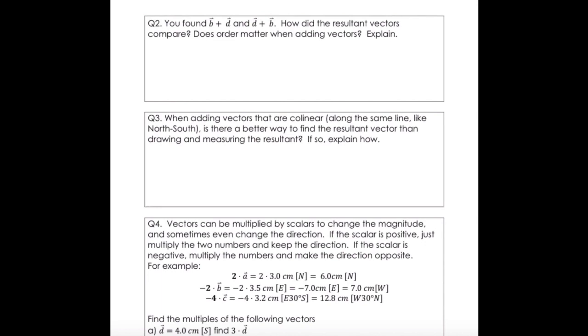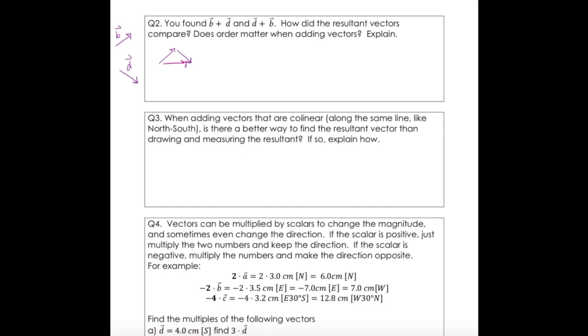Okay, so if we had, let's say, B was this, and this was D. If we have B plus D, it would be this with a result of this.